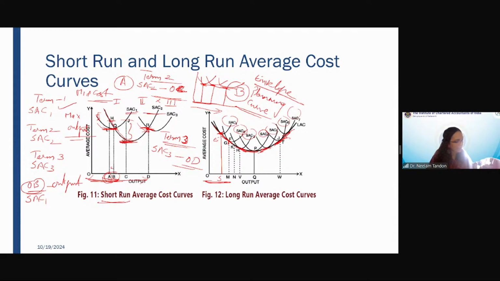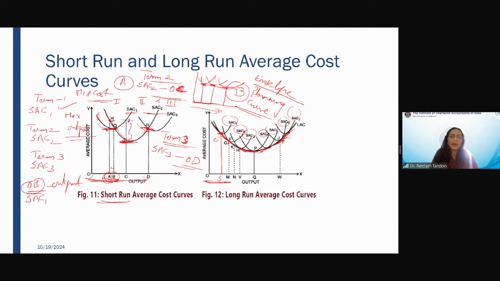SAC curves are called plant curves because, you understand, this SAC1 is one plant. One plant where you have specific inputs, machines and basic equipment, land. Now SAC2 is the second plant, SAC3 is the third plant.